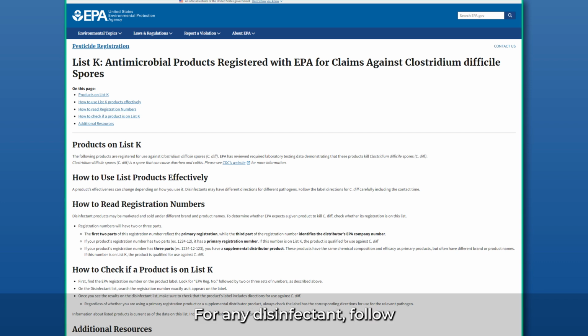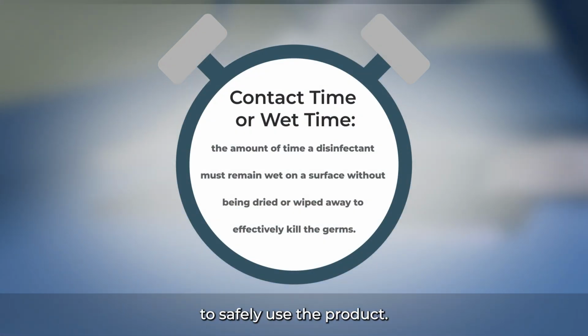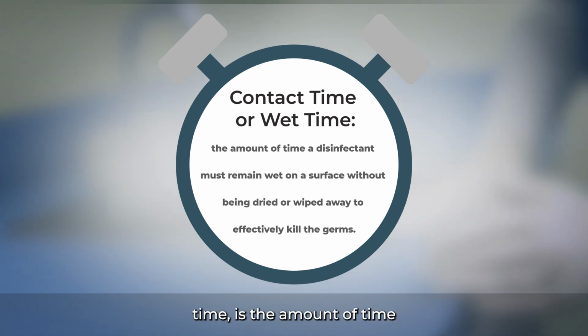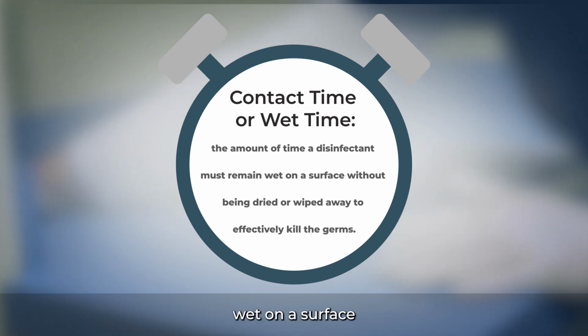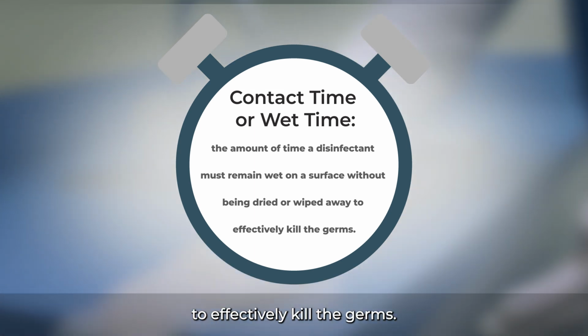For any disinfectant, follow the manufacturer's instructions for use, including the contact time and whether PPE is required to safely use the product. Contact time, or wet time, is the amount of time that the disinfectant must remain wet on a surface without being dried or wiped away to effectively kill the germs.